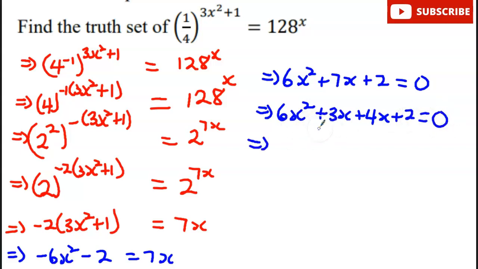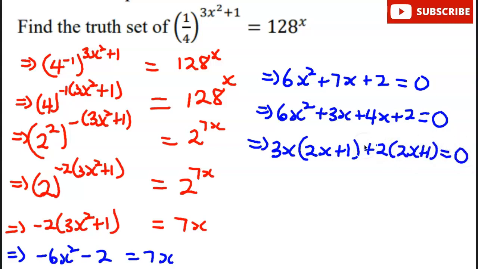Then factorize this. We have 3x out, that's the common factor, 2x plus 1, and then this one will be plus 2, 2x plus 1 is equal to 0.